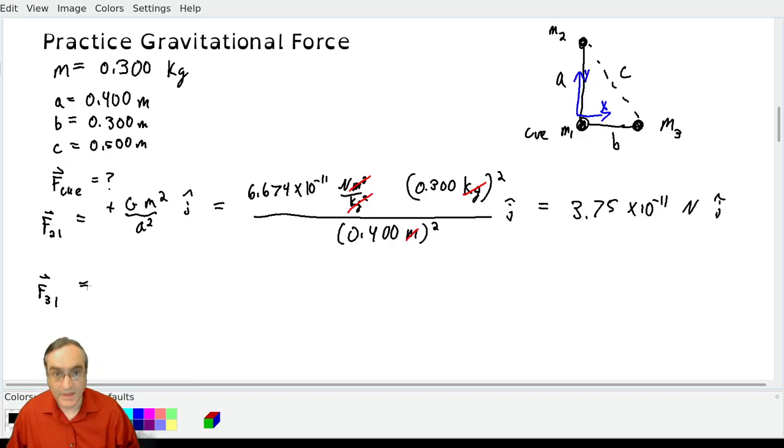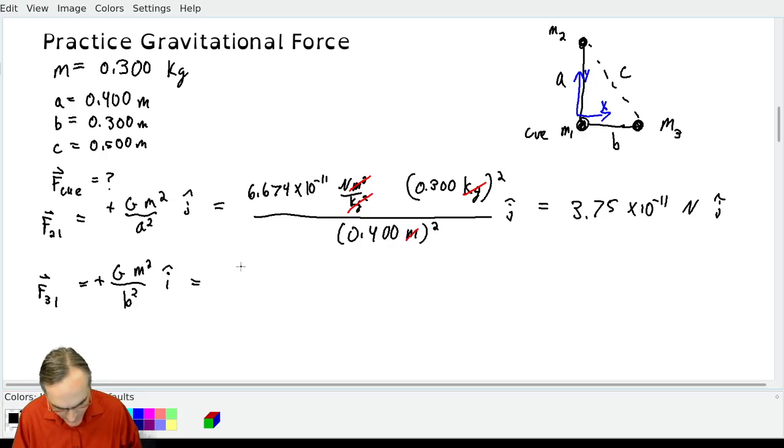We'll do the same thing for 3 and 1, mass 3 and the cue ball over here. G m squared over B squared. The direction is in the positive i hat direction now.